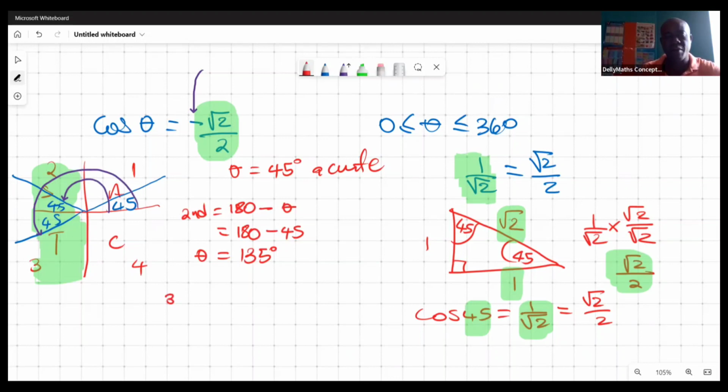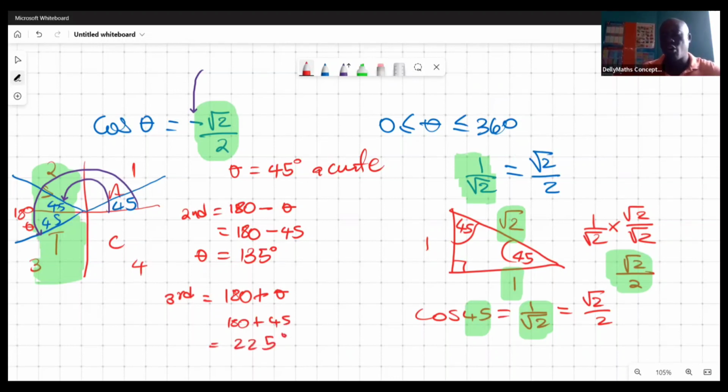The second answer, because it's negative, will be in the third quadrant. So that angle in the third quadrant is going to be 180 plus the theta. That's how we're going to get past 180. This is 180. We're adding this to it, right? So it's 180 plus 45, and I believe this would be 225 degrees.